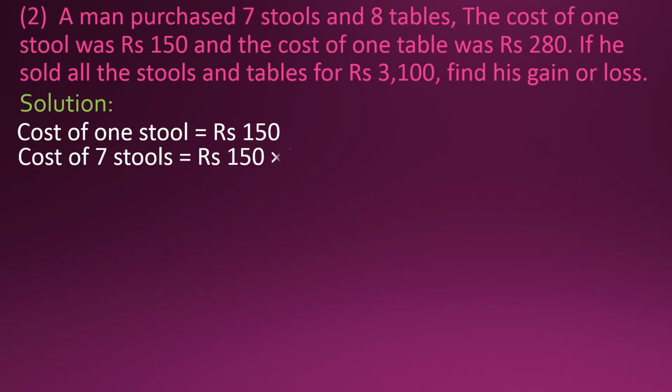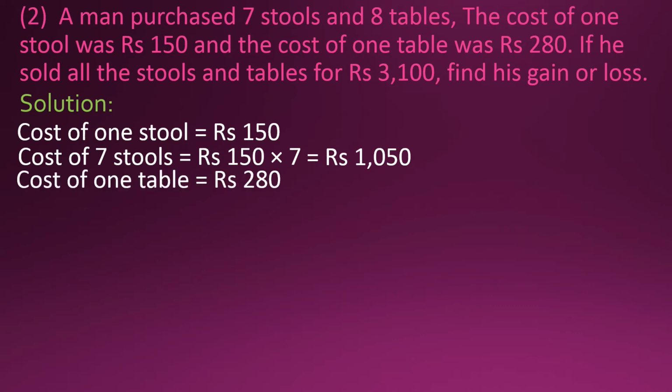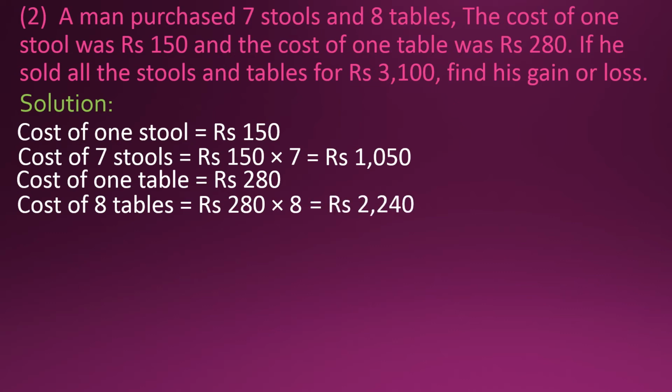So cost of 7 stools is equal to rupees 150 multiplied by 7. We get rupees 1050. Again, cost of one table is equal to rupees 280. So cost of 8 tables is equal to rupees 280 multiplied by 8. We get rupees 2240.